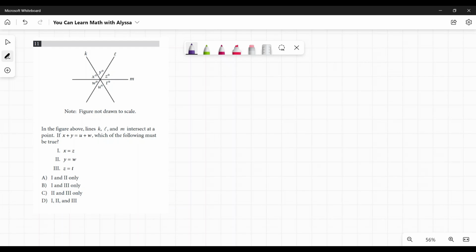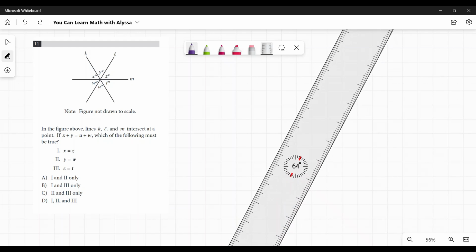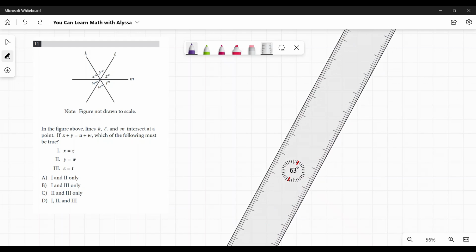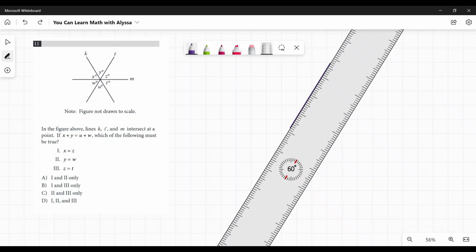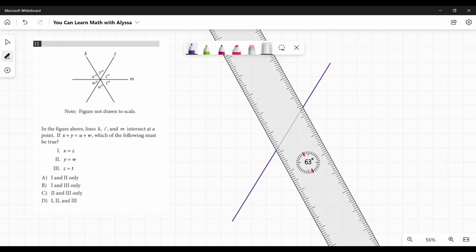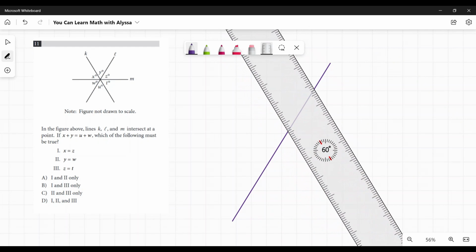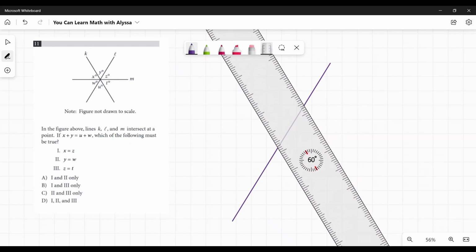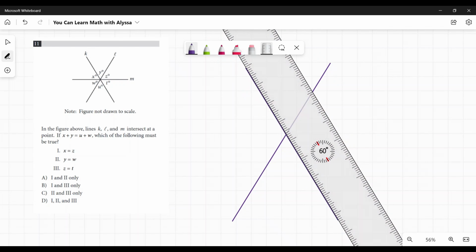Here's our problem. In the figure above, lines K, L, and M intersect at a point. I'm going to break out the ruler because I've obviously just shown that you can't trust me to draw a straight line on a computer screen. Funnily enough, I can actually draw in real life, but on a stylus on a computer screen, not my forte. Freely admit it.